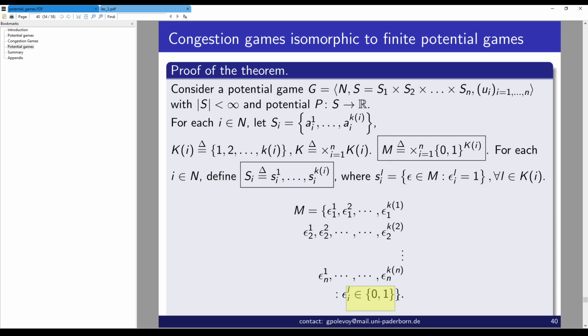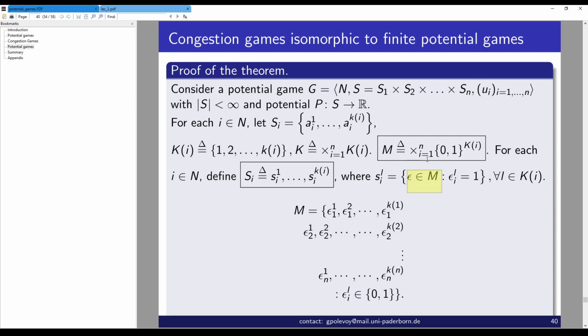The l-th element in the superscript is the element of, so no, my apologies. S_i^l is the l-th strategy of player i. So the l-th strategy of player i consists of all those elements of M. So it's kind of a matrix with different rows.